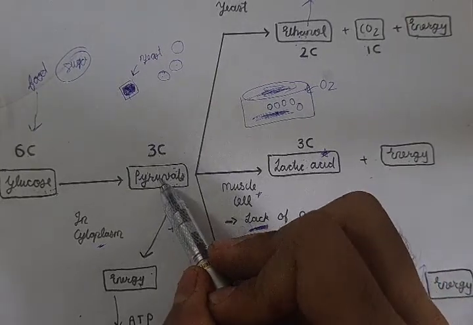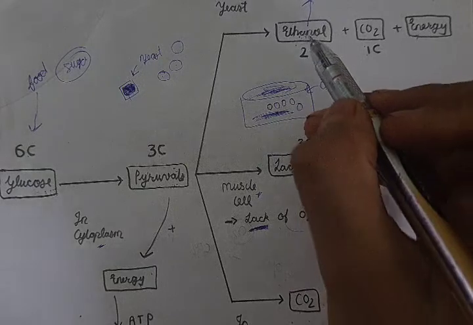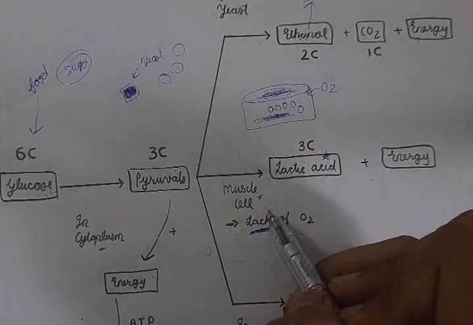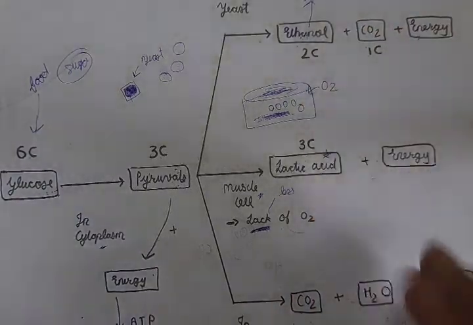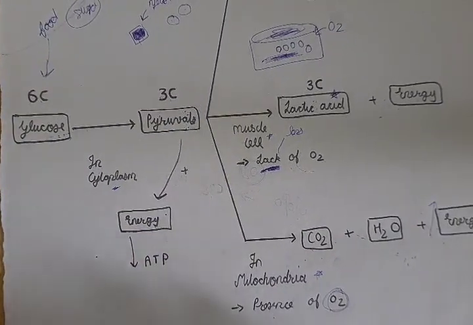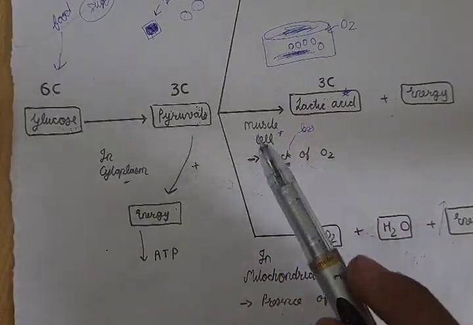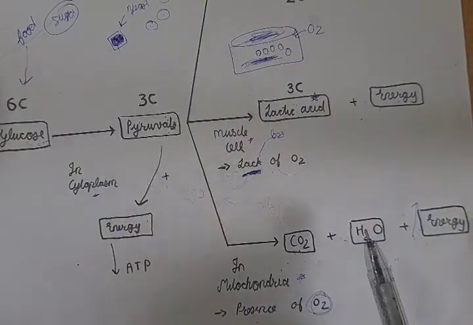And now this pyruvate goes in 3 different mechanisms based on whether there is absence of oxygen, lack of oxygen, meaning less oxygen, or presence of oxygen, meaning high oxygen. There are 3 different processes. If there is high oxygen, then the pyruvate is completely broken down into carbon dioxide, water and energy.